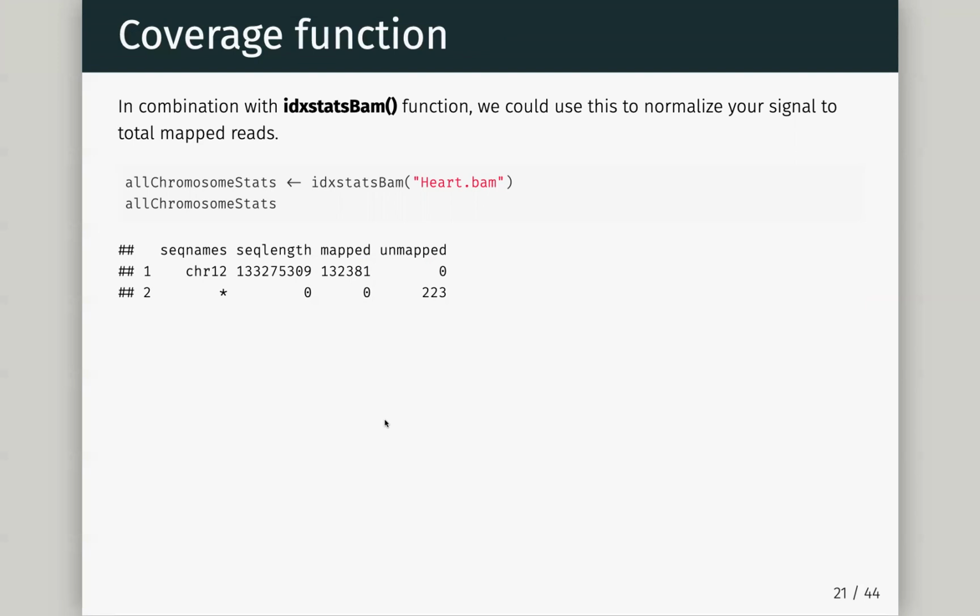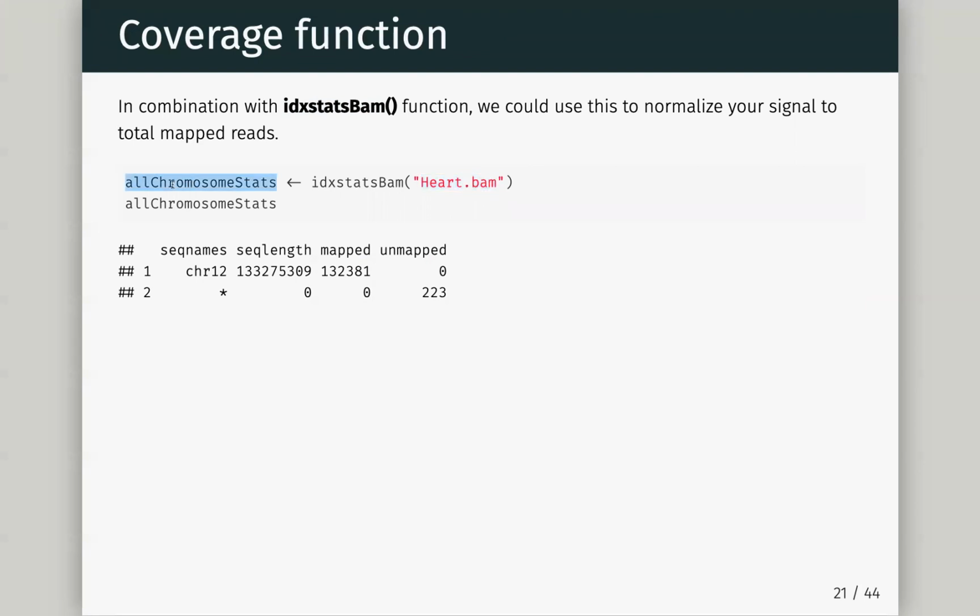Once you've sorted and indexed your file, we know that the binary file, which is very small, contains information such as the total number of reads. So we can use idxstatsBam, in contrast to quickFlagSummary, which is really slow. This isn't going to read your BAM file, even though we're pointing to it.